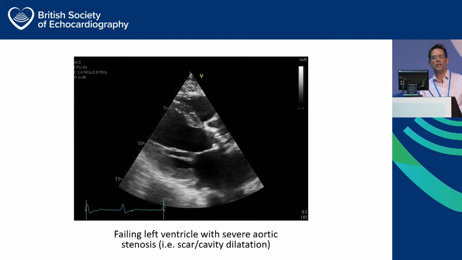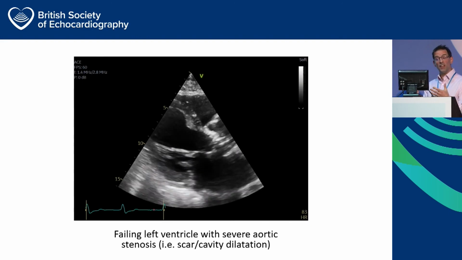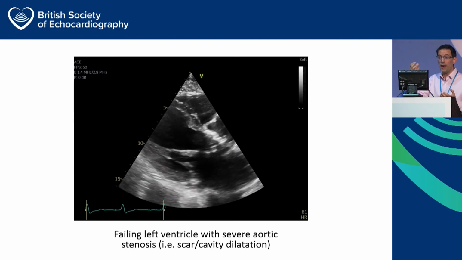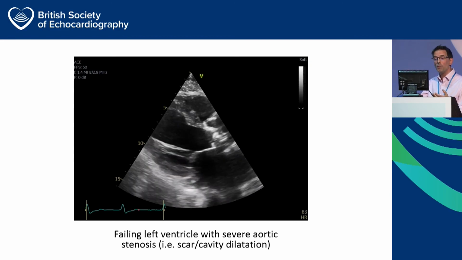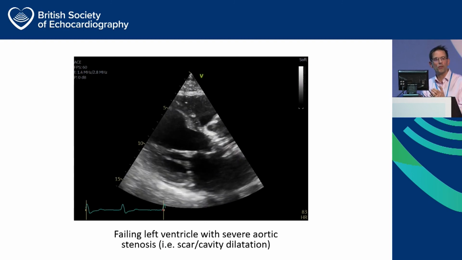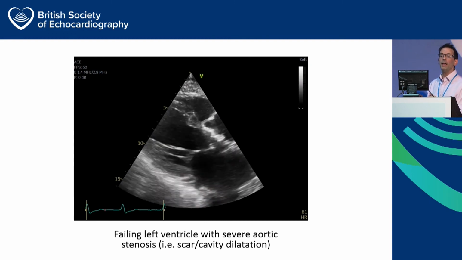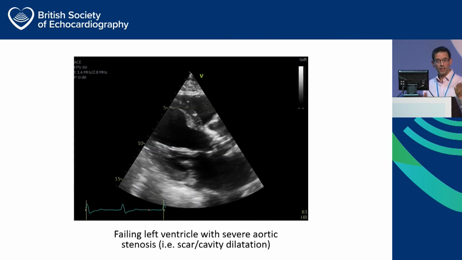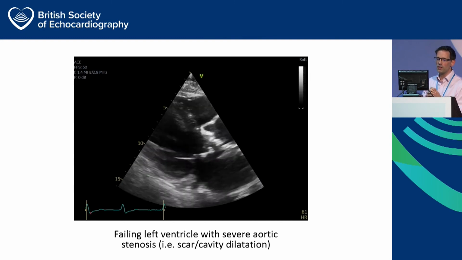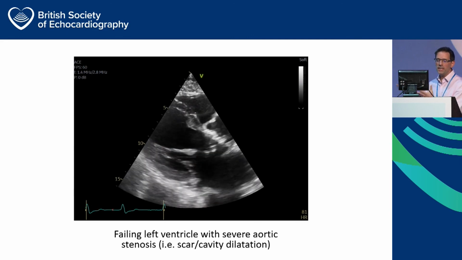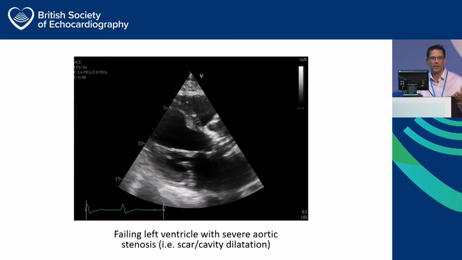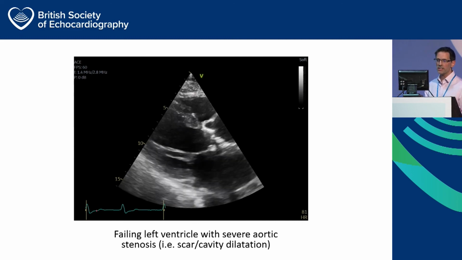And importantly in these people, it may be the aortic stenosis which is driving this, and it would get better with relief of the obstruction, but you also need to have knowledge of their coronaries because it may be a concomitant myocardial infarction, like that case I showed of an anterior myocardial infarction causing it as well. So in this situation, you've got two separate reasons why you might present with your ventricular arrhythmia.